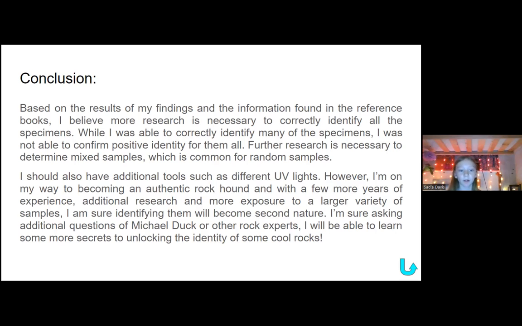However, I'm on my way to become an authentic rockhound, and with a few more years of experience, additional research, and more exposure to a larger variety of samples, I'm sure identifying them will become second nature. And by asking additional questions of Michael Duck or other rock experts, I'll be able to learn some more secrets to identifying some cool rocks.